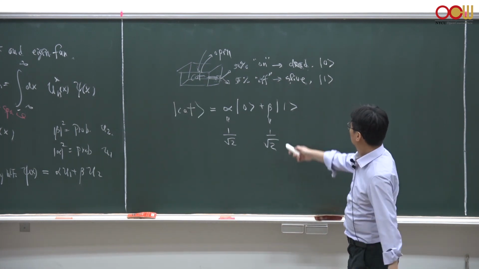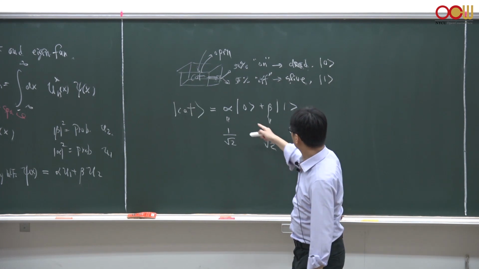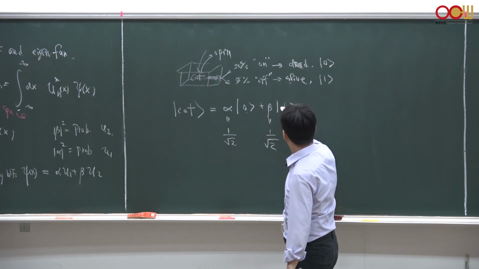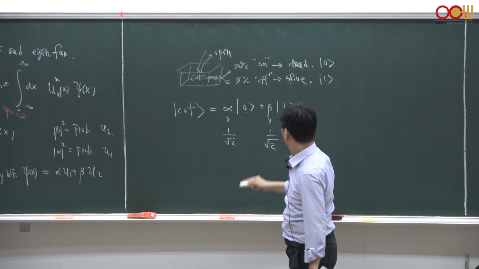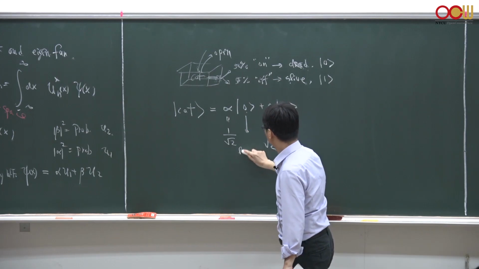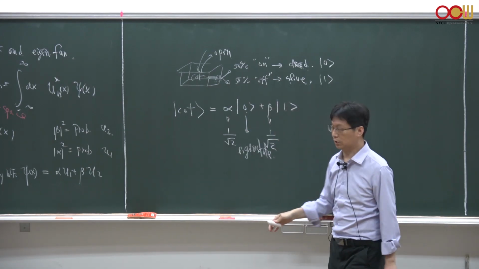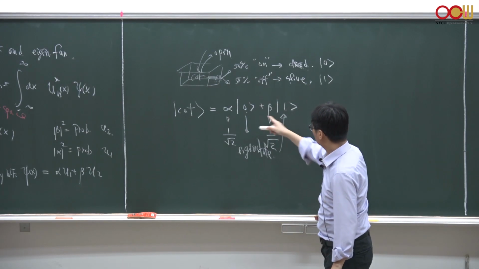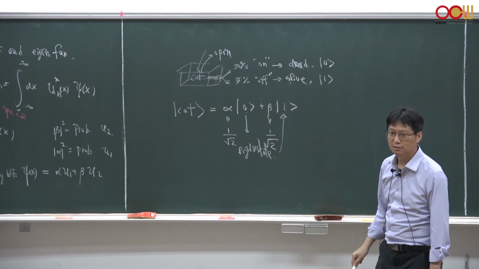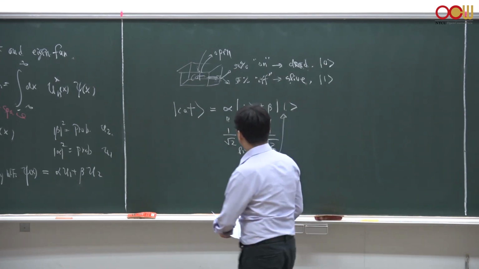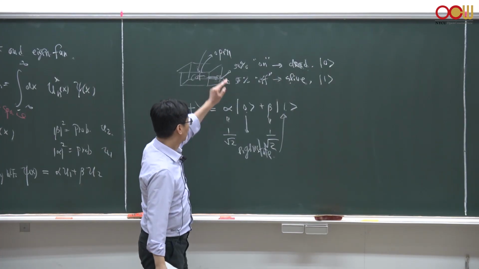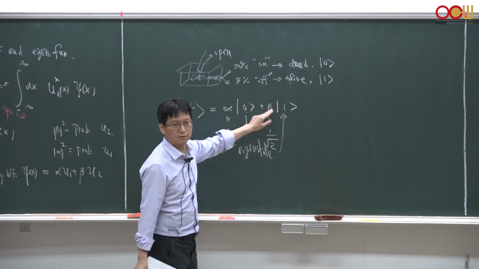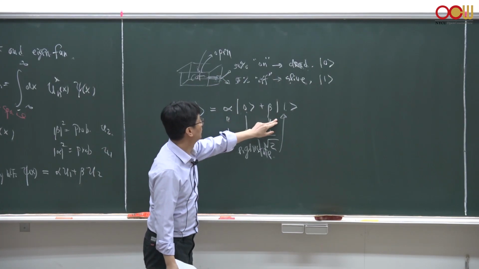As a result, the correspondence is this. 0 and 1, or dead and alive for the cat, represent the eigenstates of your problem or your Hamiltonian. You have only two eigenstates. When you take the measurement, the cat can be either state 0 or state 1, either dead or alive.